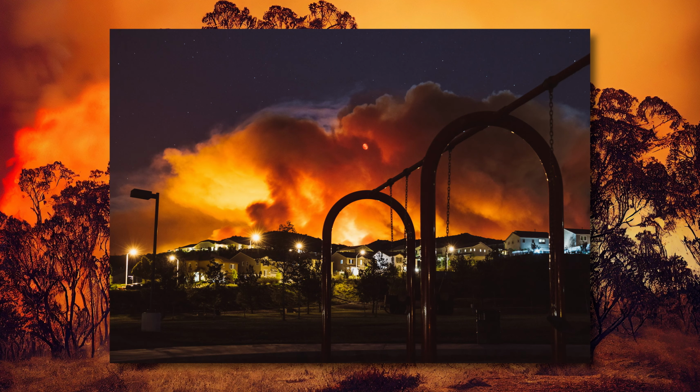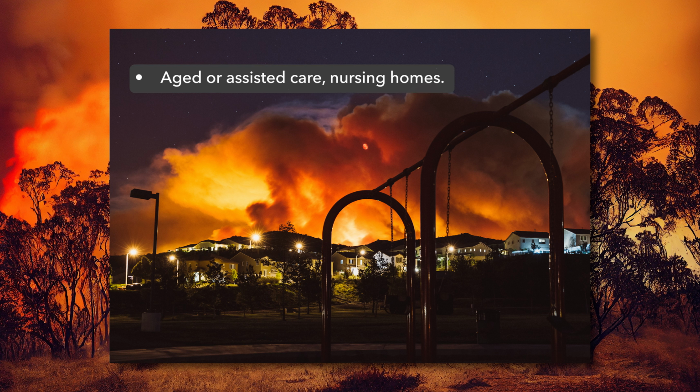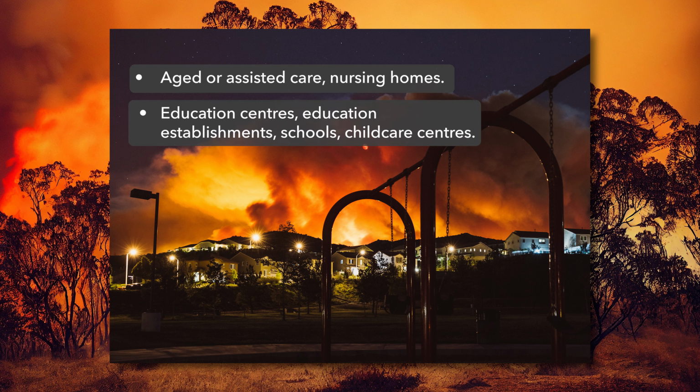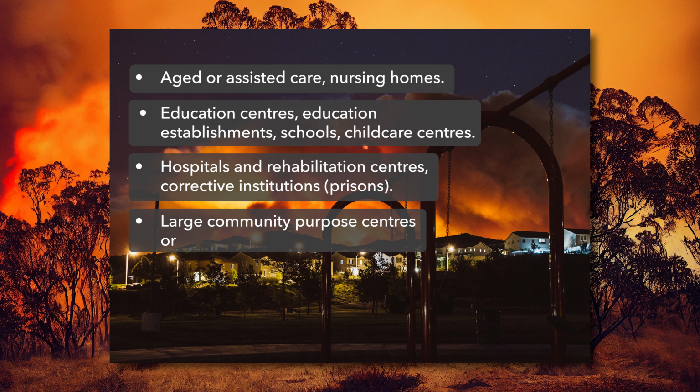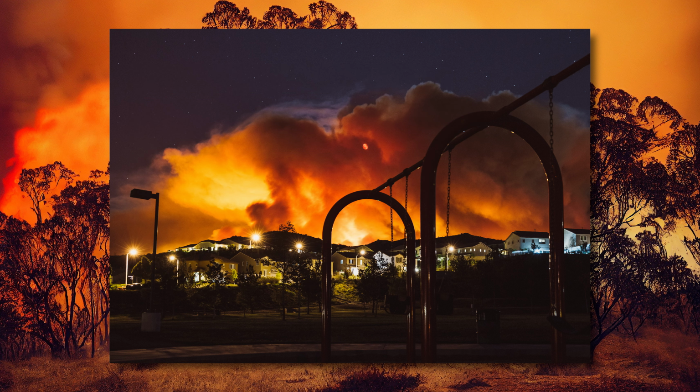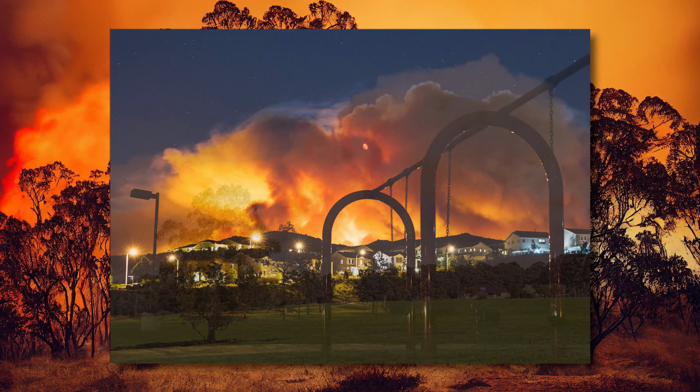Examples of vulnerable commercial or community land uses include aged or assisted care nursing homes, education centres, education establishments, schools, childcare centres, hospitals and rehabilitation centres, corrective institutions like prisons, large community purpose centres or large places of worship. Due to the building design or use or the number of occupants, these types of facilities are likely to present evacuation challenges in the event of a bushfire.